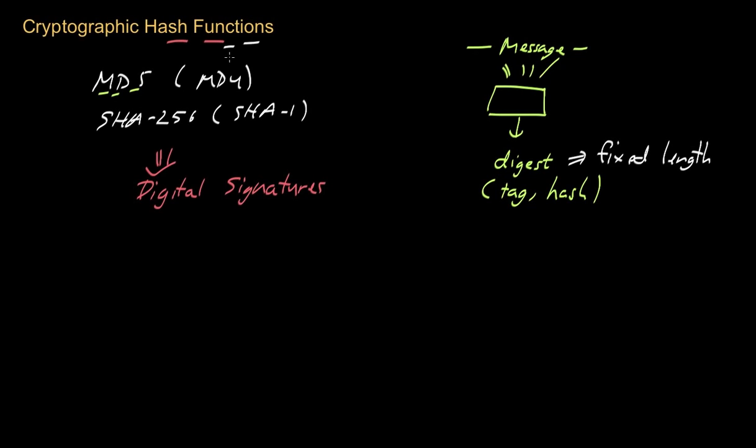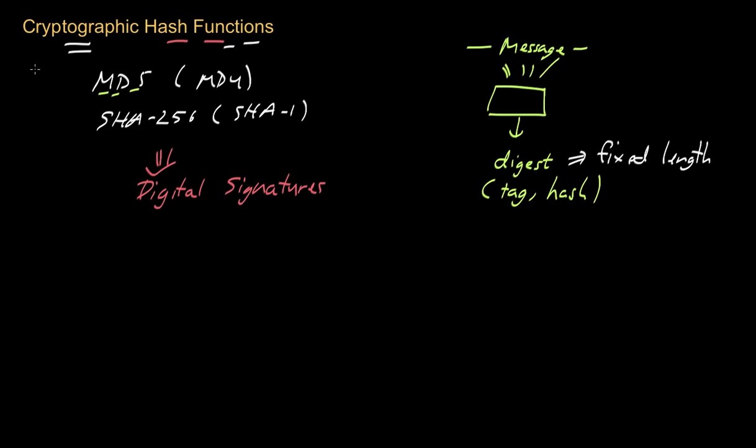The qualifier cryptographic here is very important, and it usually implies that the hash function has a certain set of critical design goals and particular properties that make it suitable for use in cryptographic applications, areas where security or privacy or confidentiality or authentication is a serious concern.